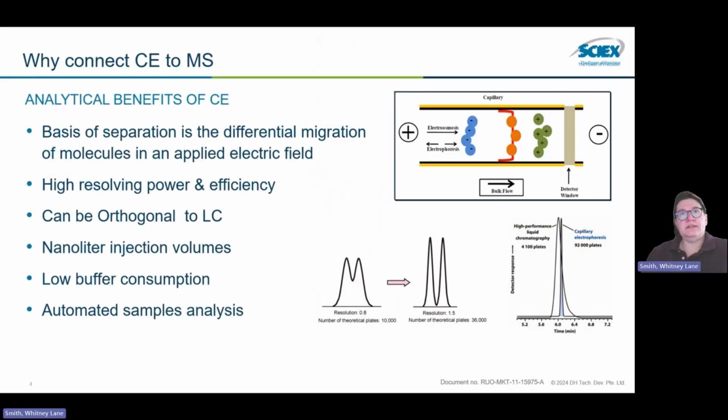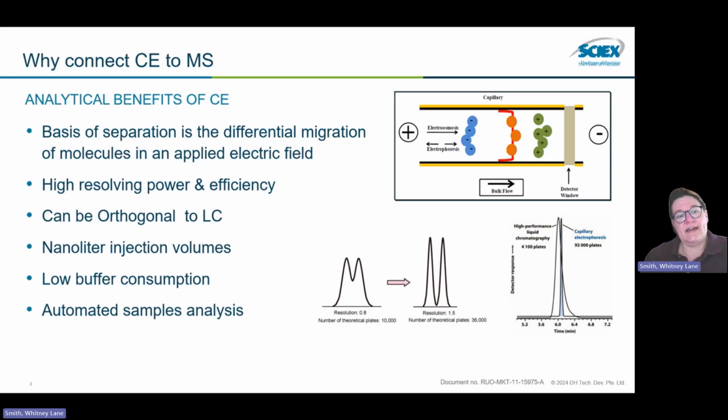So why would we want to couple a CE system to the mass spec system? Well, the separation mechanism for CE is different than LC. Separation is based on the differential migration of molecules in an applied electric field, which means how fast does my molecule move when it's being affected by voltage.